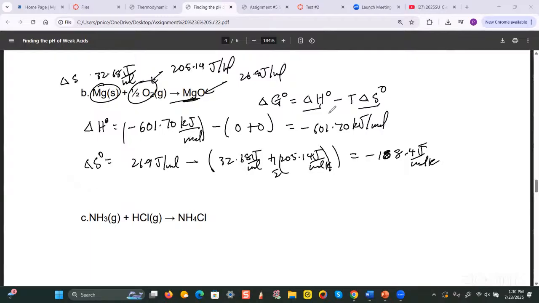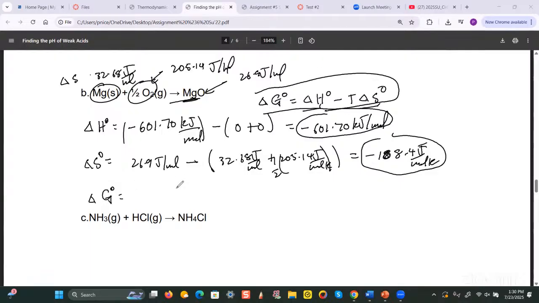So now that we have delta H and we have delta S, all we have to do now is determine delta G standard based on the equation here. So delta G would be equal to minus 601.7 kilojoules per mole minus 108 joules per mole Kelvin multiplied by the temperature.